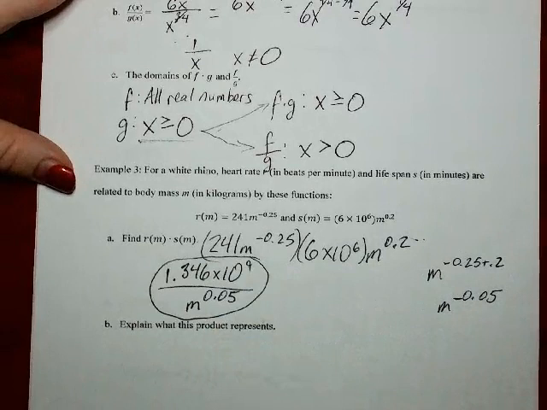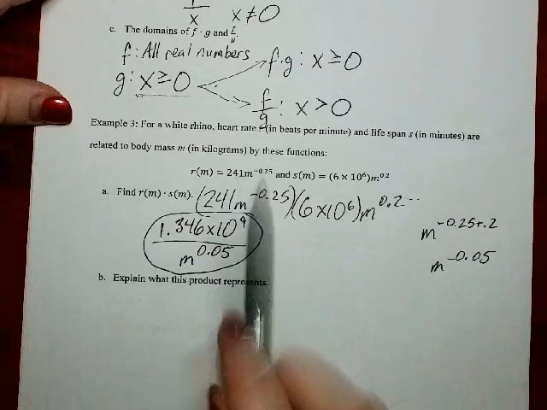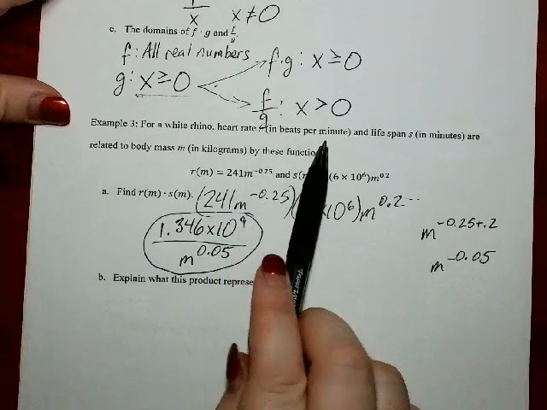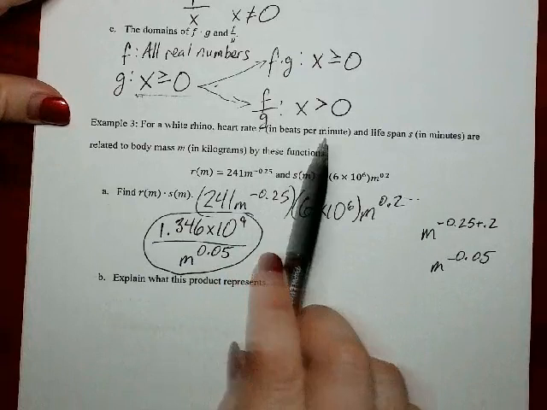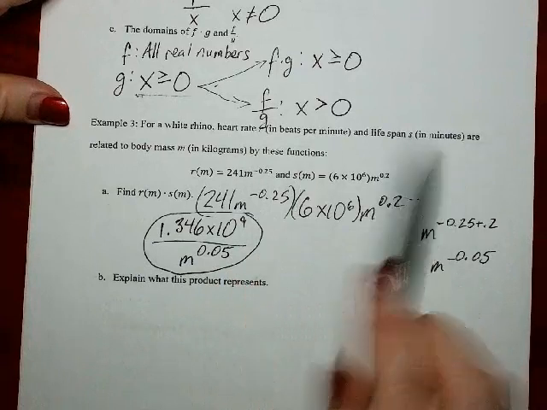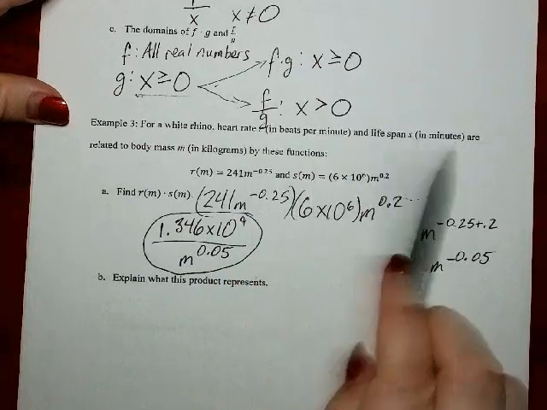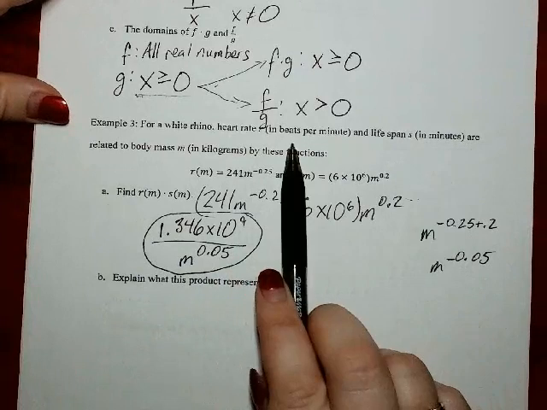Now, this product is the beats per minute and the lifespan in minutes. When we multiply those together, the minutes cancel. We're just left with beats.